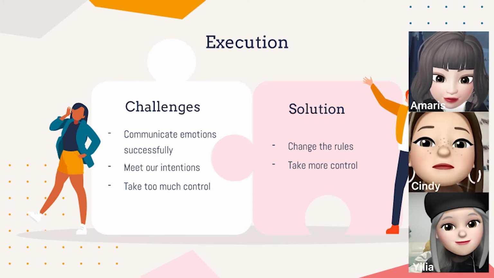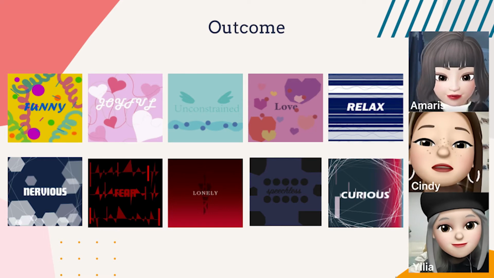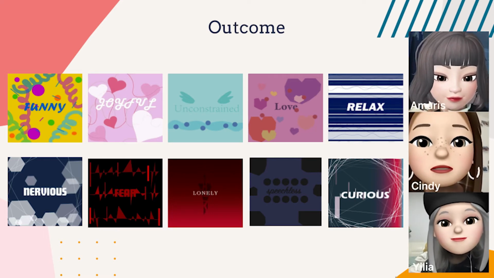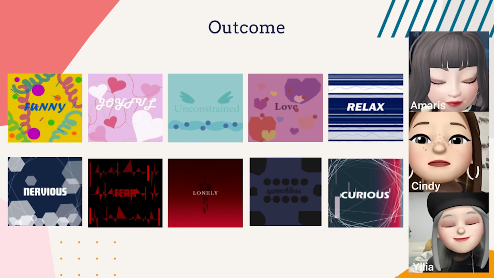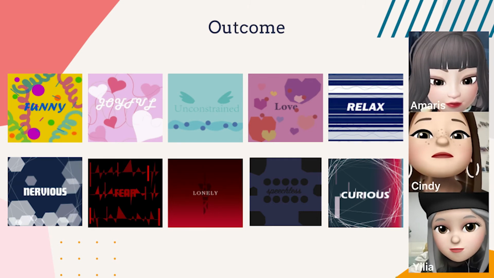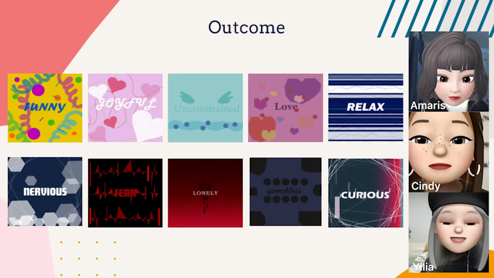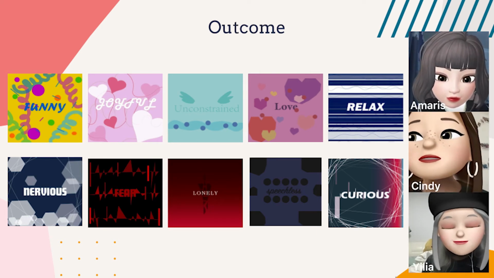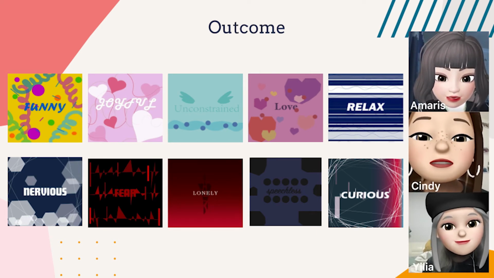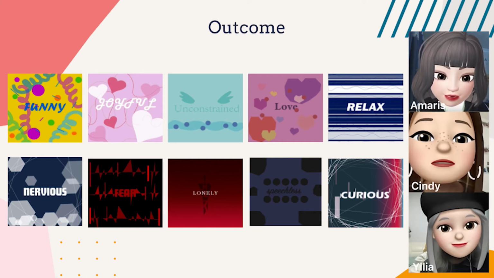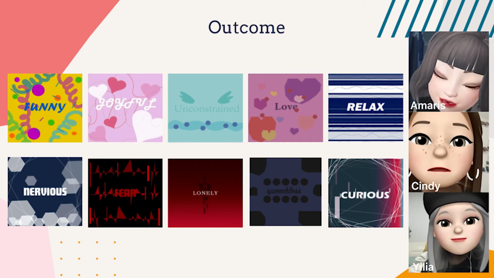The outcome for the design comes out surprisingly well, and it is creative to look at. That might be because the user takes a lot of control over the rules. And as you can see, here are some of the outcomes from our implementers.